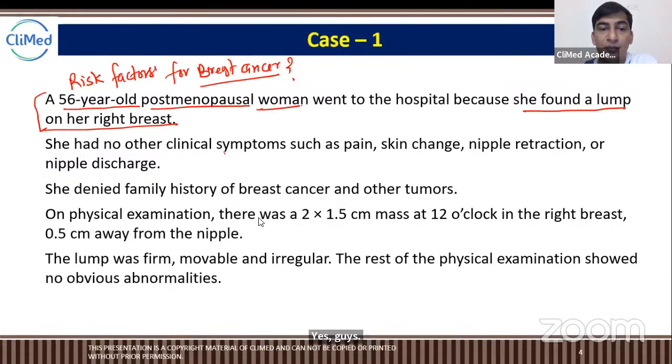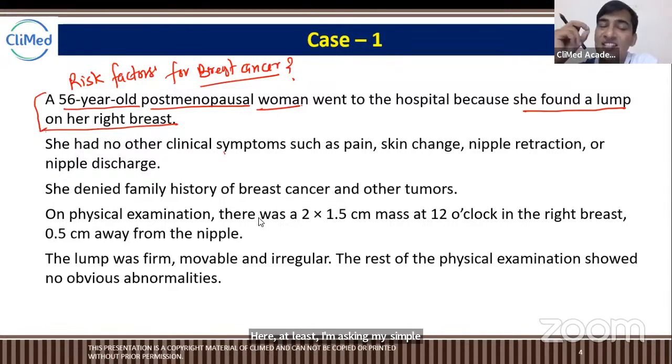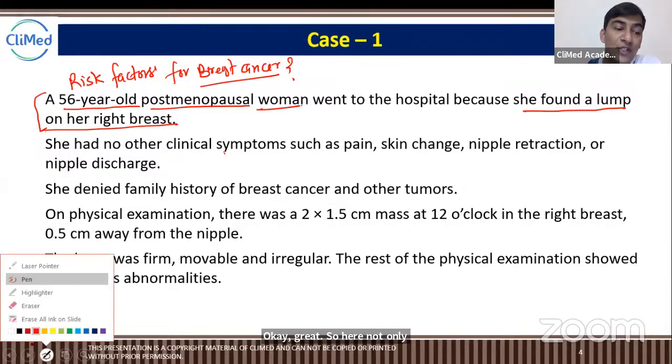Okay, menopause. Genetic inheritance? Where is the genetic inheritance? No genetic here. My simple question is the risk factors for breast cancer from the first line. Okay, menopause. Great.